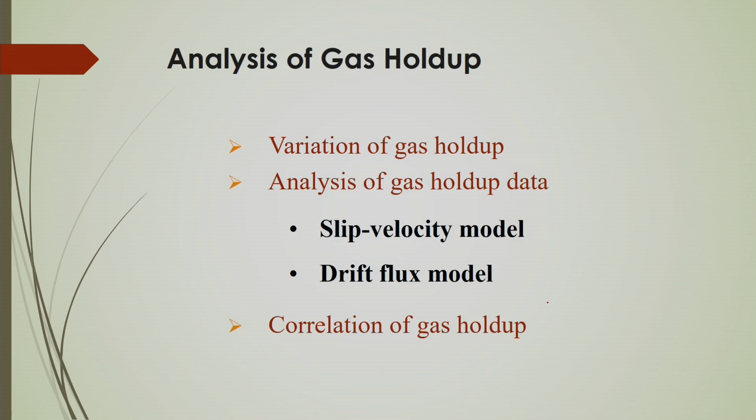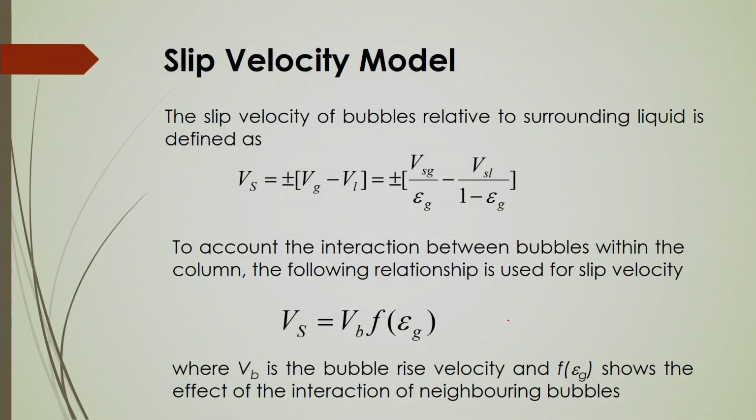In that case, with this complex dependency, you can predict this gas hold up based on these different variables just by making general empirical correlations. So, we can analyze this gas hold up, first of all with the slip velocity model, then we will discuss the reflux model also.